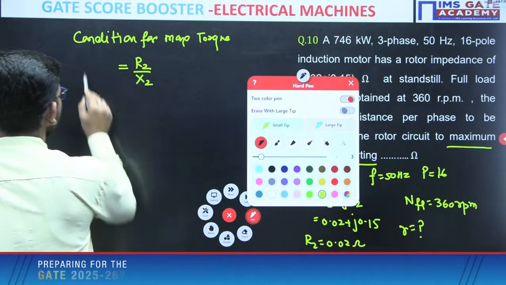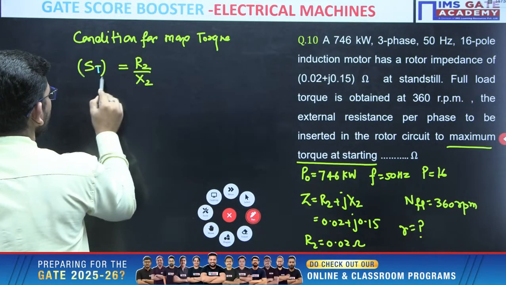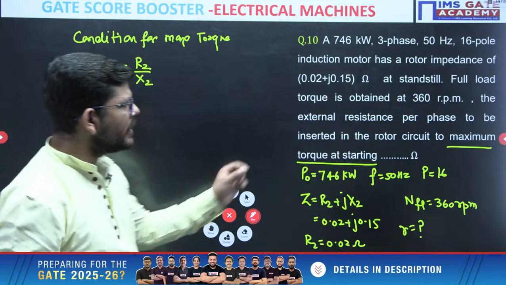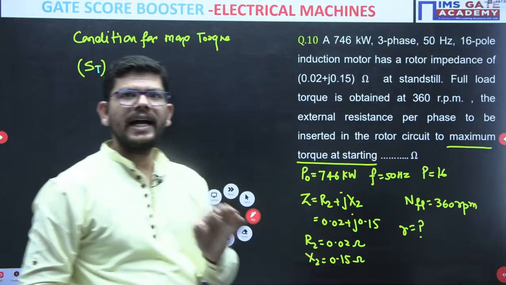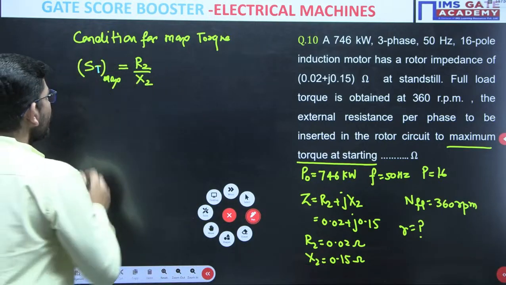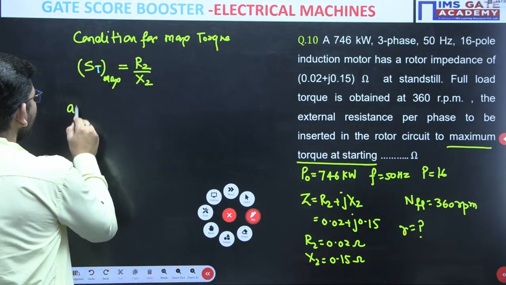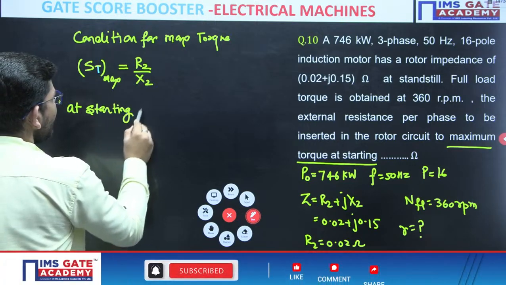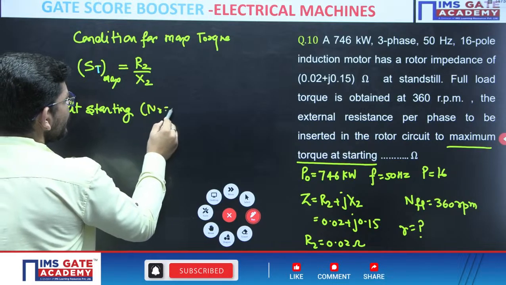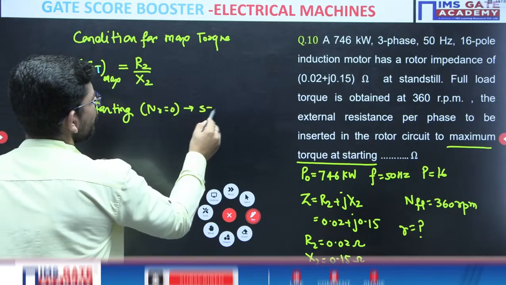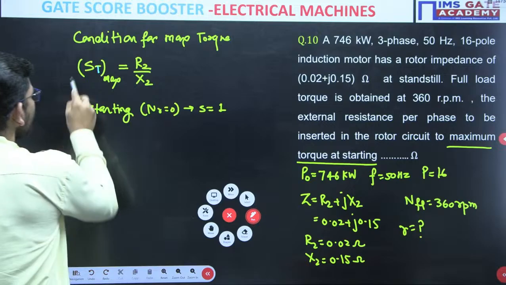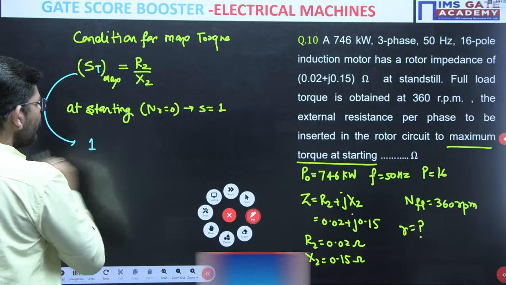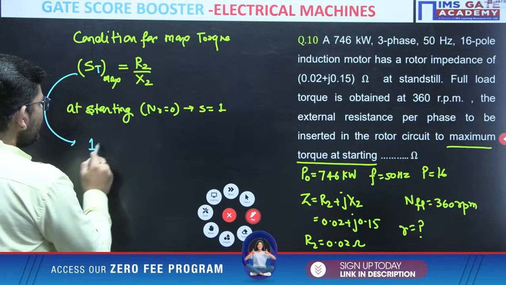Now, they are saying that we are getting the maximum torque at starting. So at starting, what is going to be the slip? At starting, your speed will be 0, so your slip will be almost 1. So now we are getting maximum torque at starting, so this value will be 1, right?